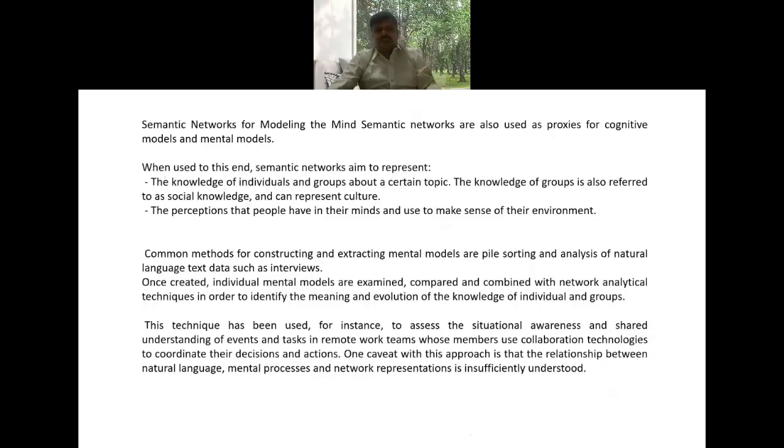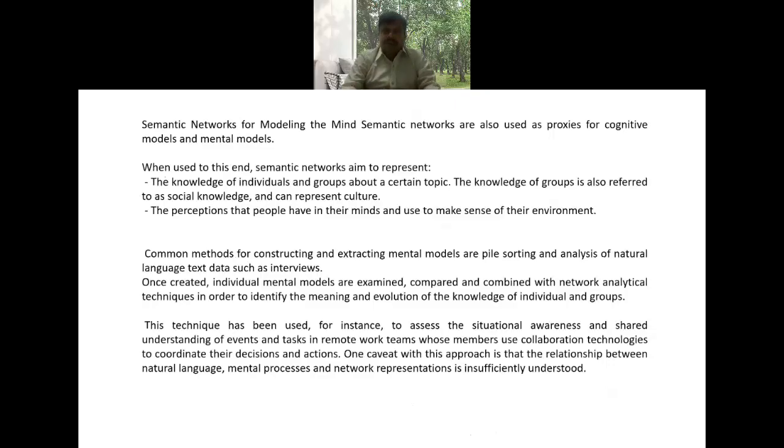Common methods for constructing and extracting mental models are card sorting and analysis of natural language text data, such as interviews. For example, if you consider an interview, some different aspects of data will come to you.